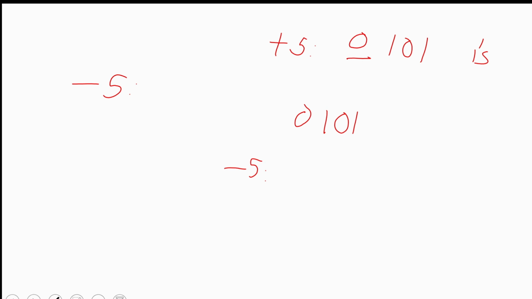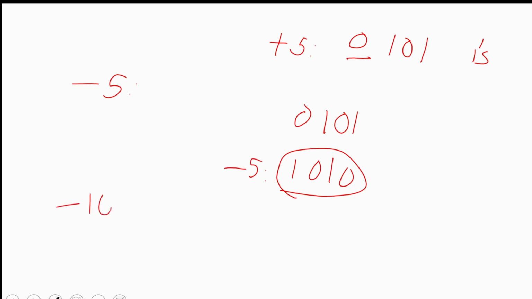For this one, you need to find the ones complement. Then you will get 1, 0, 1, 0. So 1, 0, 1, 0 is the ones complement representation for minus 5. Like this, you can find the ones complement representation for a negative number.